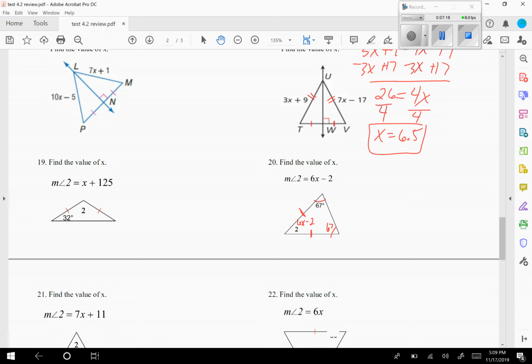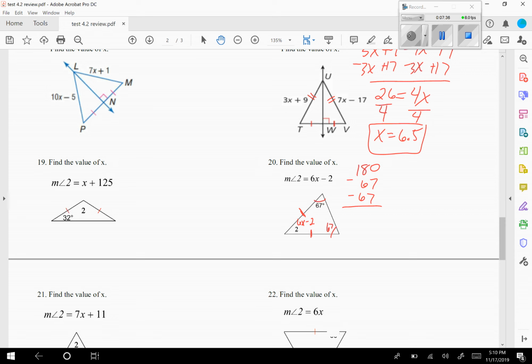And then we have to remember that the three angles have to add up to 180. So you have to do 180 minus 67 minus 67. Okay, so 180 minus 120, because that's 60 and 60. That is 60.